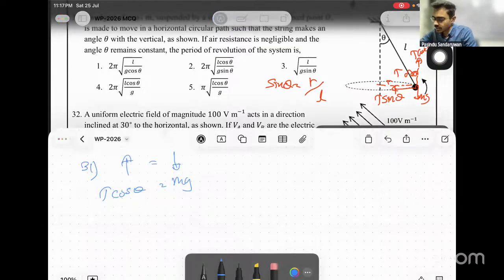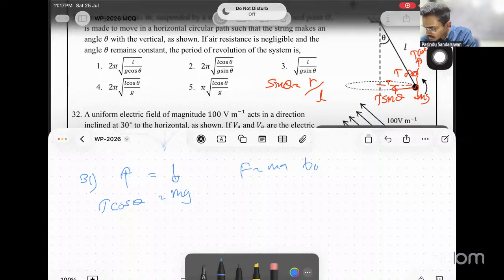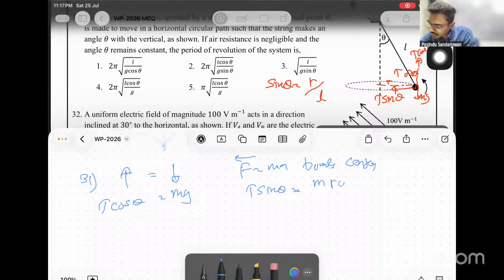Then F equals ma towards the center. The only force which acts towards the center is T sin theta, that is m r omega squared. Say this is equation 1, this is equation 2.